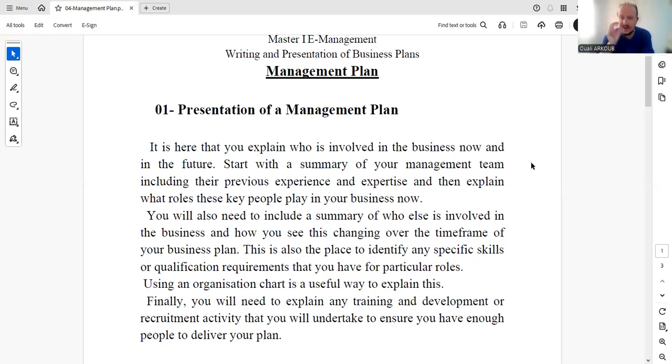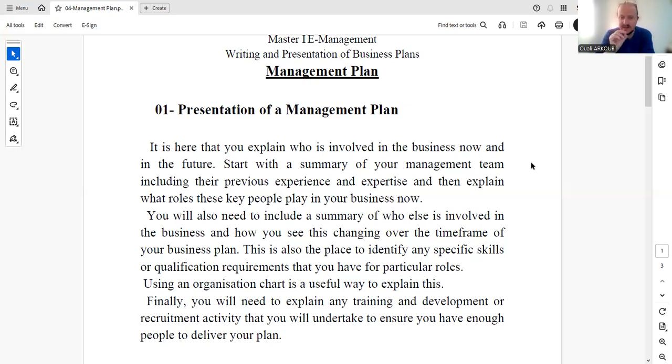This is also the place to identify specific skills or qualification requirements that you have for particular roles. Okay, for manager, for the owner, for the other partners, etc.